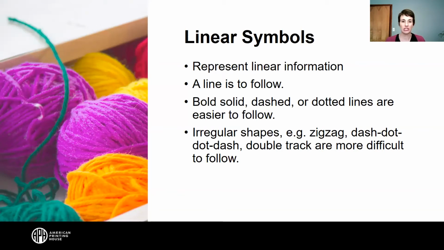Irregular shapes such as the zigzag, dot dash, dot dot dash, double tracks, lines like those, are more difficult to follow. So although your rick-rack ribbon may seem wavy and more river-like, it's not. It's just harder to follow.